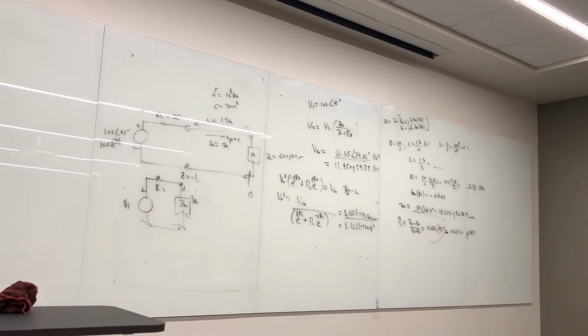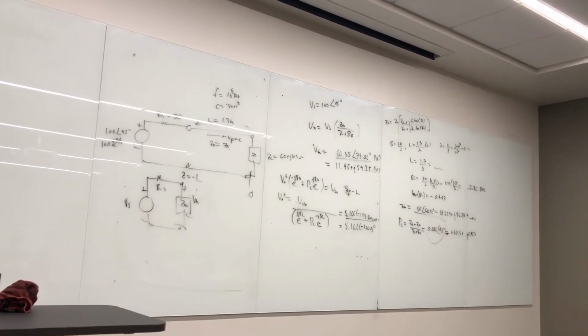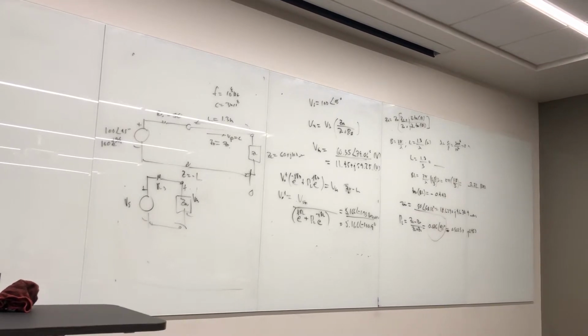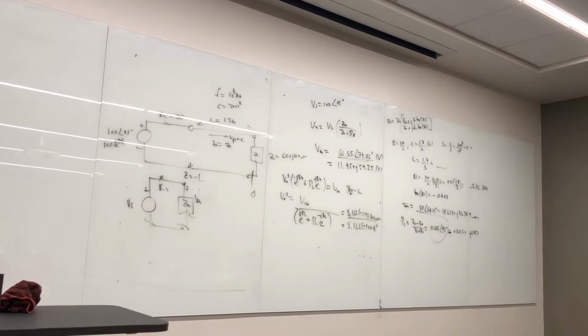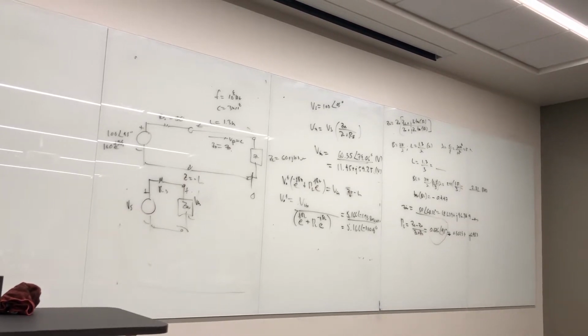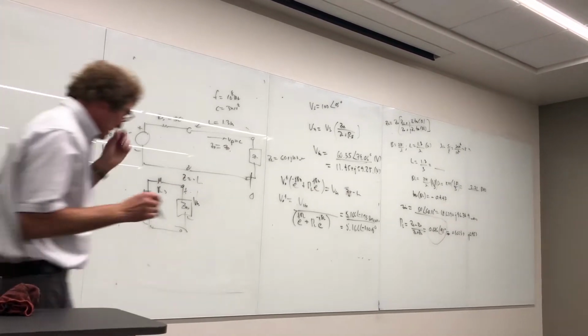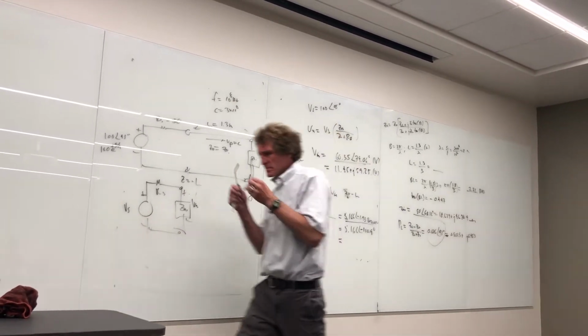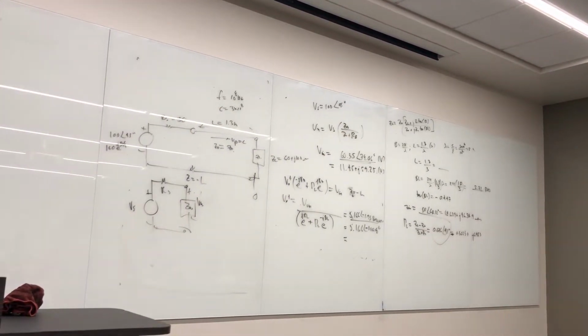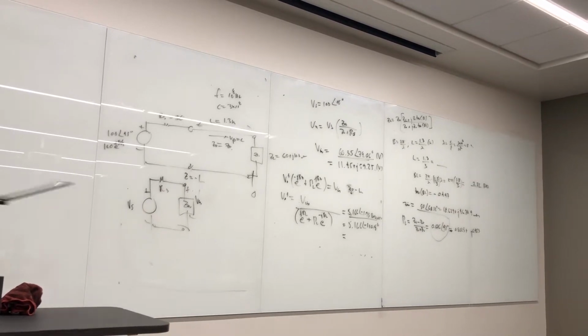For V0 plus, I got minus 17.918 minus 46.679. Is that what he has here? Hold on.